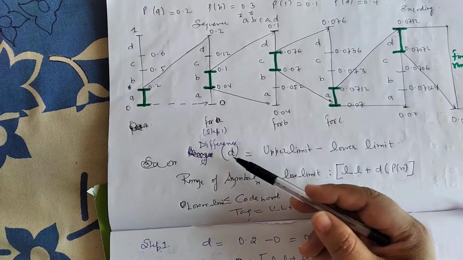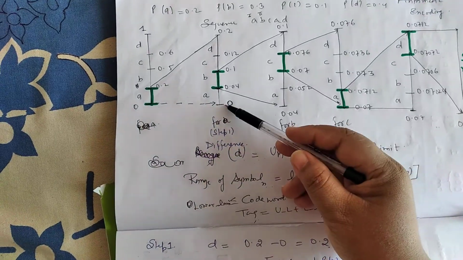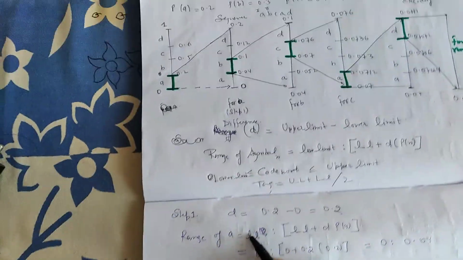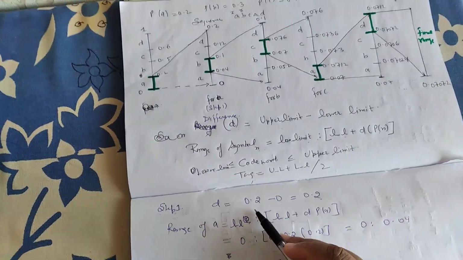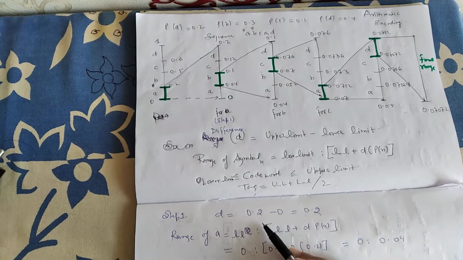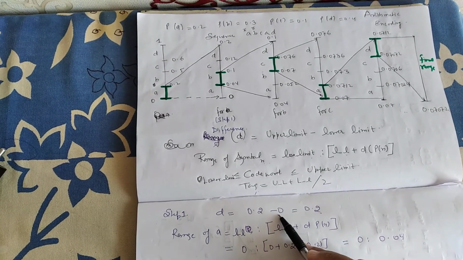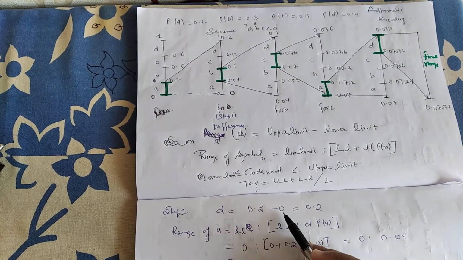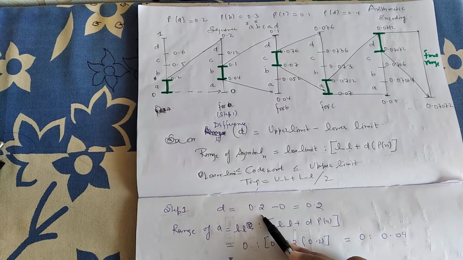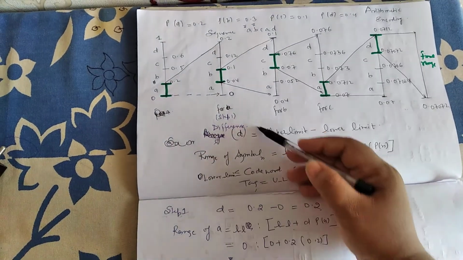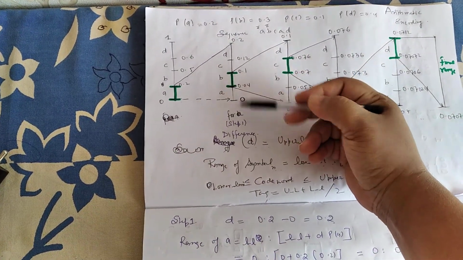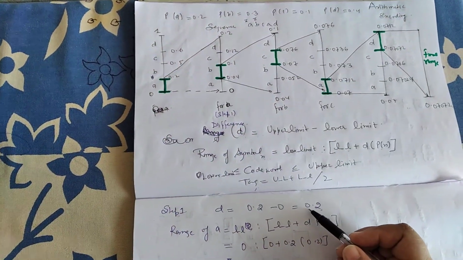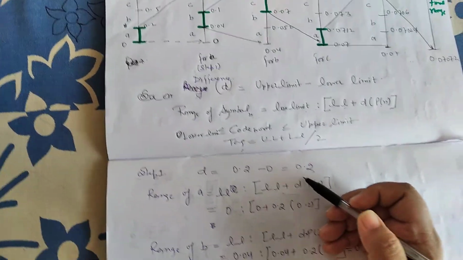The formula says first we need to find D. For this step, where we are exploring the range of A, the upper limit is 0.2 and the lower limit is 0, so D equals upper minus lower, 0.2 minus 0, which is 0.2. Now we find the range of the symbol.